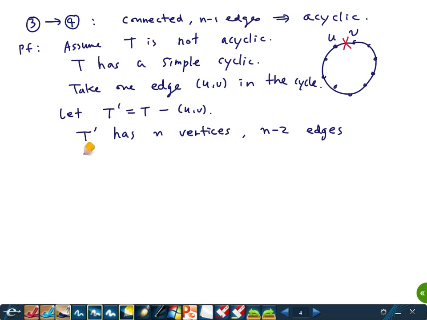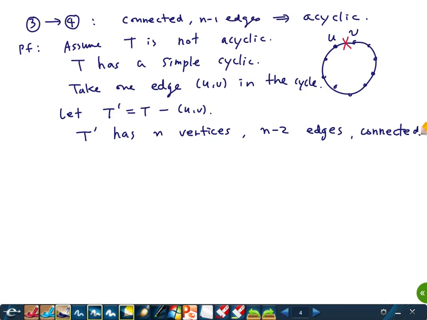Originally, it was connected, but we deleted one edge. But the edge was contained in a cycle. So if you delete one edge, the graph should still be connected, because you don't have to use this edge to go from one vertex to another; you can always go around and still be connected.